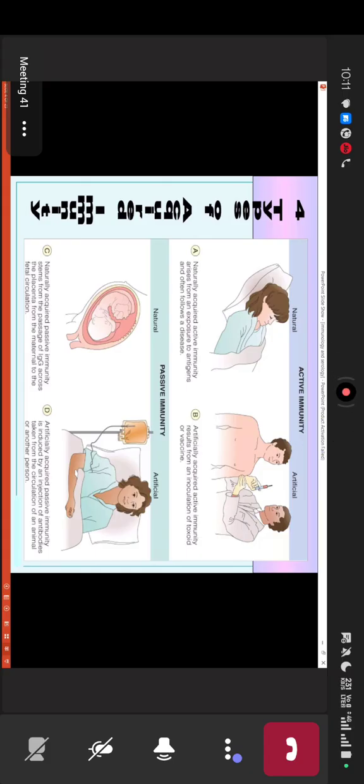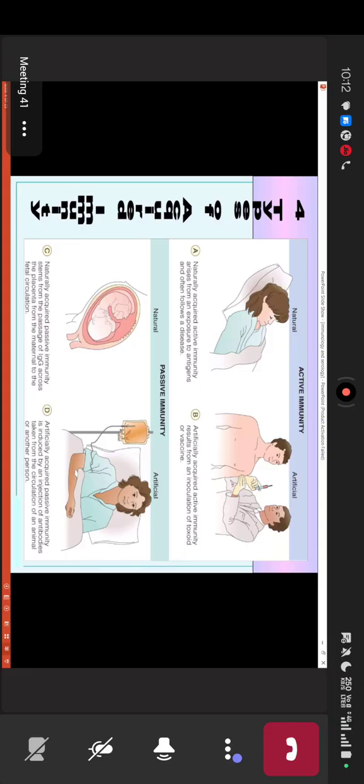Now artificially acquired active immunity is given from outside the body. It results from an inoculation of toxoids or vaccines. Artificial immunity is obtained by vaccinations. Now the passive immunity. Natural passive immunity is passed from mother to fetus with the help of the placenta.